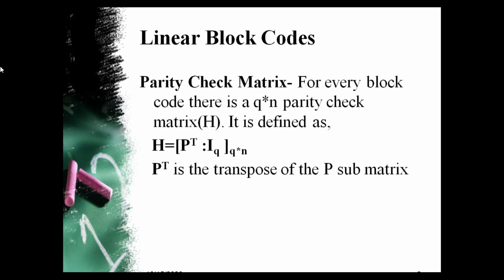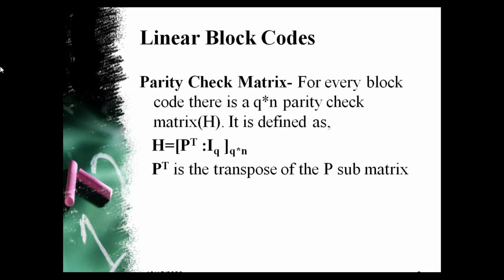Okay, the general form of the H matrix is that the initial part is the transpose of that P submatrix. Then the remaining part is an identity matrix of the order q, where q is equal to n minus k. We have seen the generator matrix has the form [I_k | P]. The initial part is an identity matrix of the order k, and the second part we treat as a submatrix of that generator matrix, termed the P submatrix.